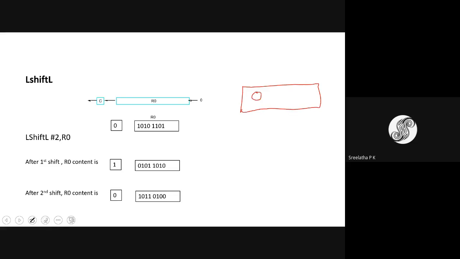If I take 1010, that is 10, and there is a carry bit here. Suppose I do left shift by 1 bit. What happens? Carry bit becomes 0, it was 0 only.